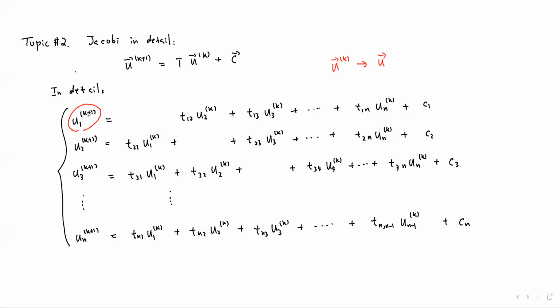After this is available, I use it immediately in the following computation because I assume this is closer to U. U1, K plus 1 is closer to U1, the first entry of U. Under this assumption, this is more accurate than the current U1, K. So from the first equation, after I get this, I use it in the following computation here.